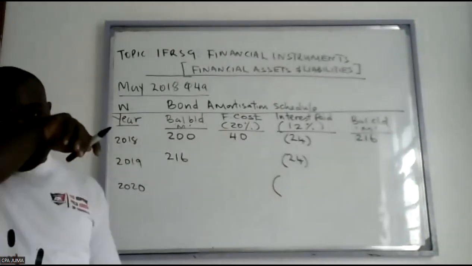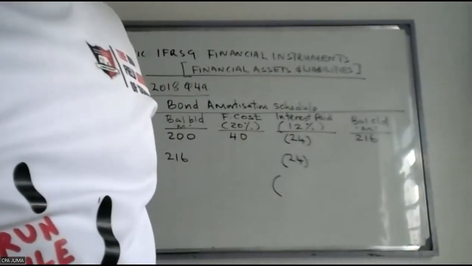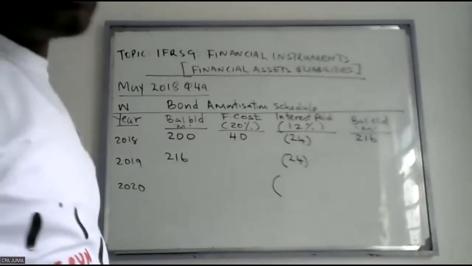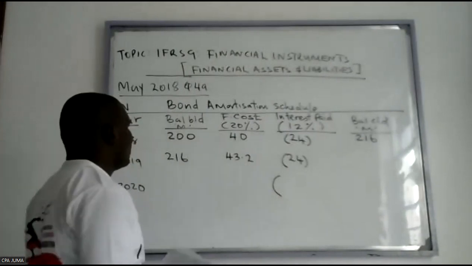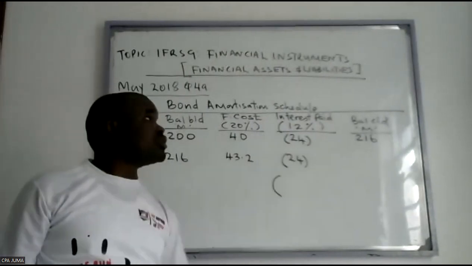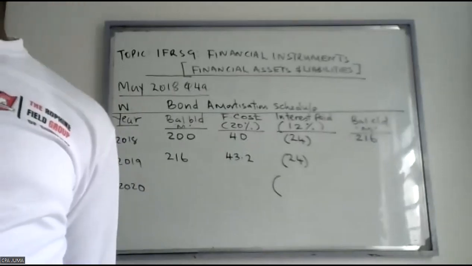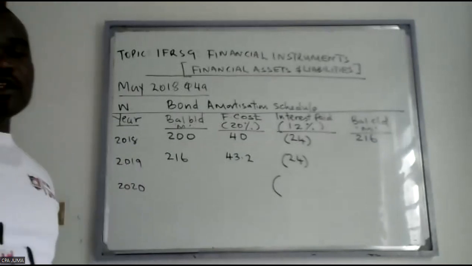20% of 216, what do you get? 43.2. So 216 plus this minus 24. What do you get?